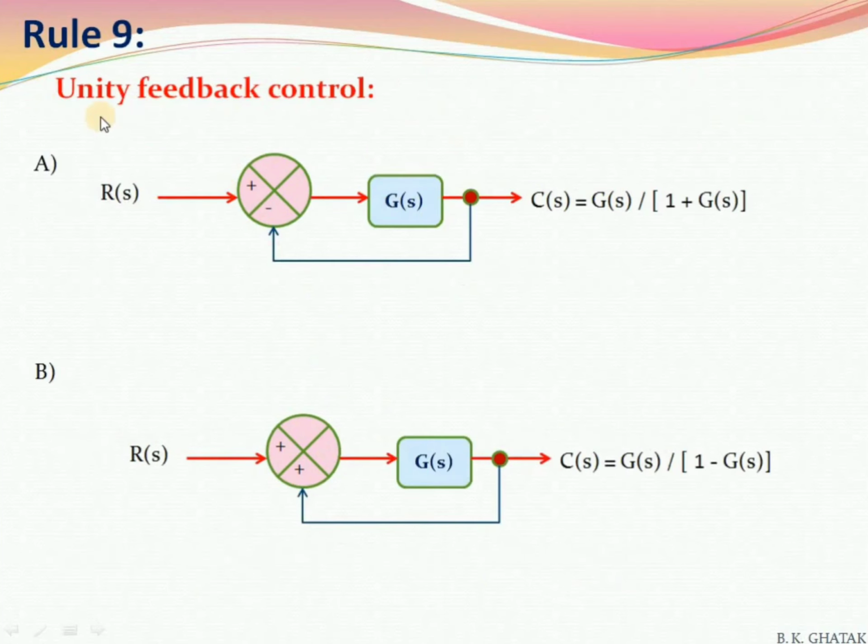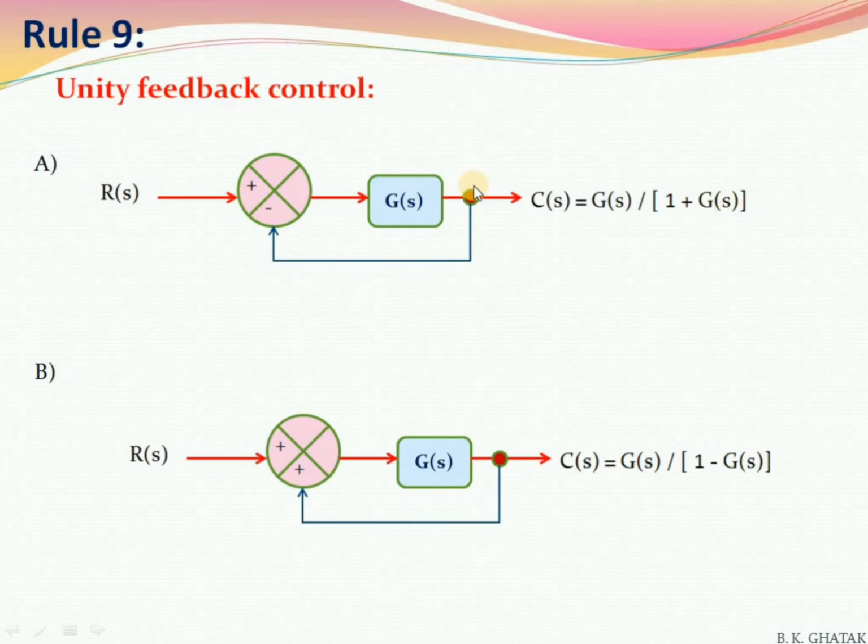Clear? So the last rule is the unity feedback control rule. Here we have two diagrams. Look at the first one. Here we applied RS to a summing point, and that output is given to GS, and from that we collect the output CS equal to GS by 1 plus GS.